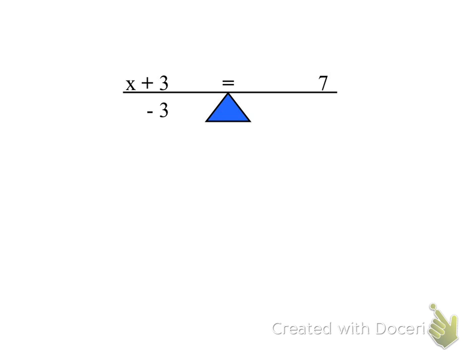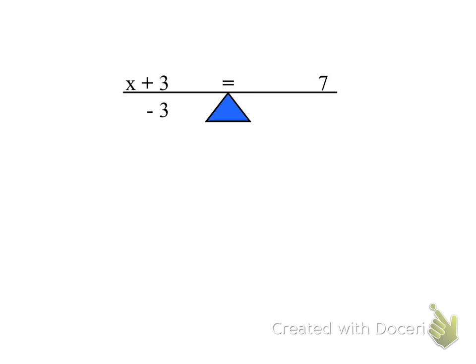What happens if I take 3 away from this side when they're both equal on the scale? What's going to happen? It's going to go like this, right? If I take 3 away, it's going to go like this, because this side's going to get lighter, and this one's going to be heavier.